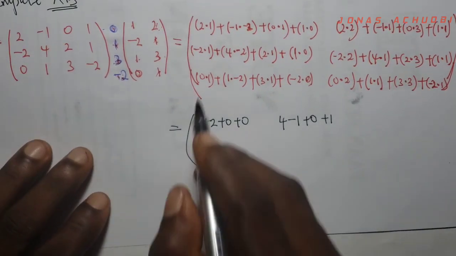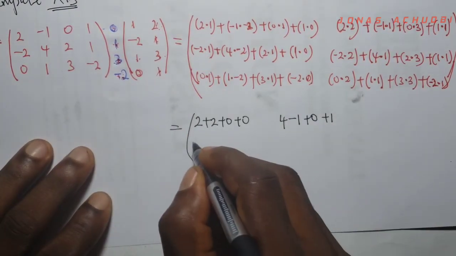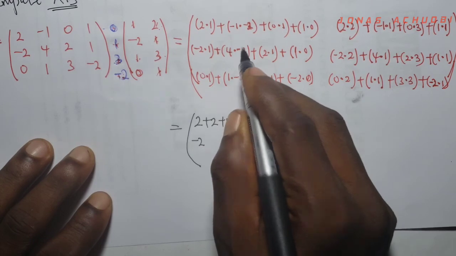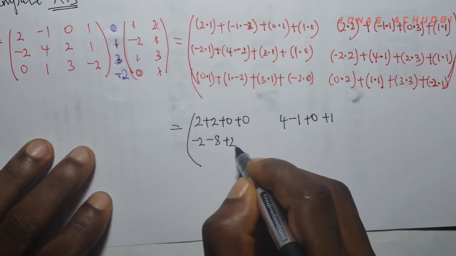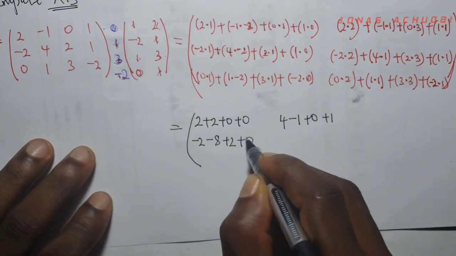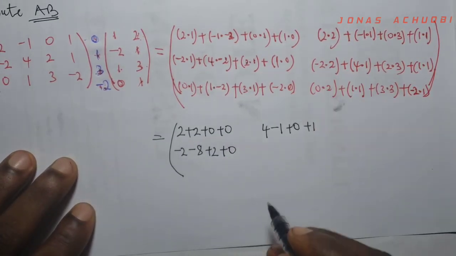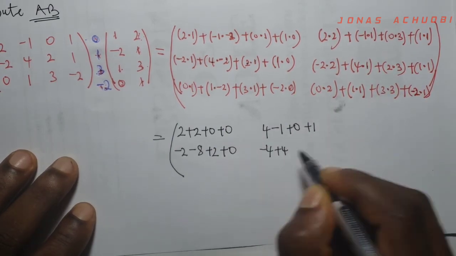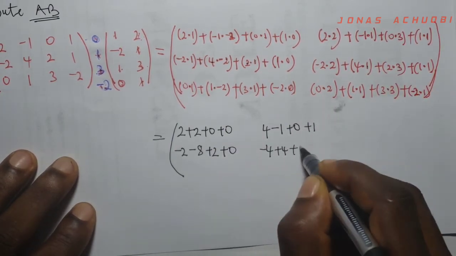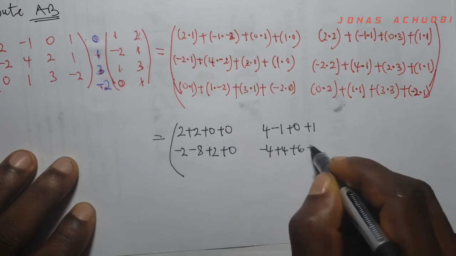Okay? Minus 2 times 1 is minus 2. 4 times minus 2 is minus 8. 2 times 1 is plus 2. 1 times 0 is 0. Minus 2 times 2 is minus 4. 4 times 1 is plus 4. 2 times 3 is plus 6. 1 times 1 is plus 1.